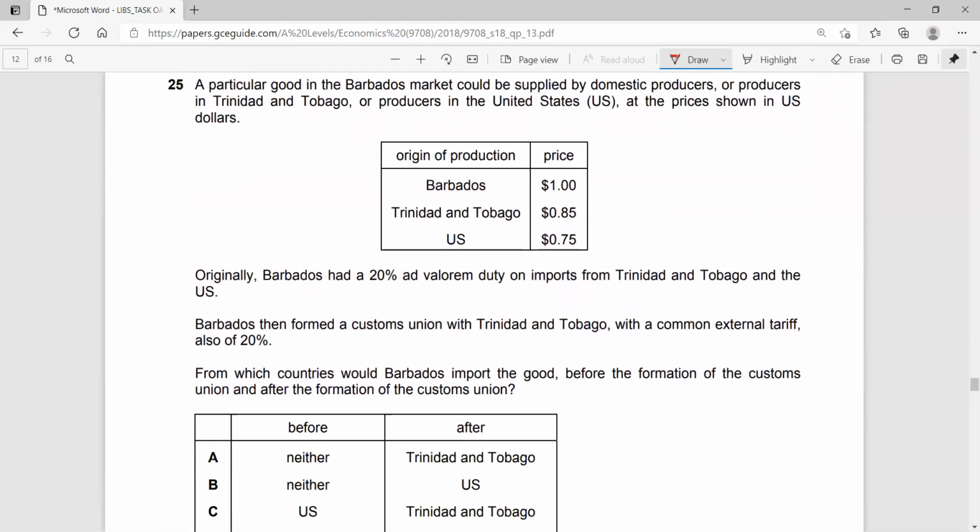Anyhow, a particular good in the Barbados market could be supplied by domestic producers, producers in Trinidad and Tobago, or producers in the United States. These show the respective prices of production.